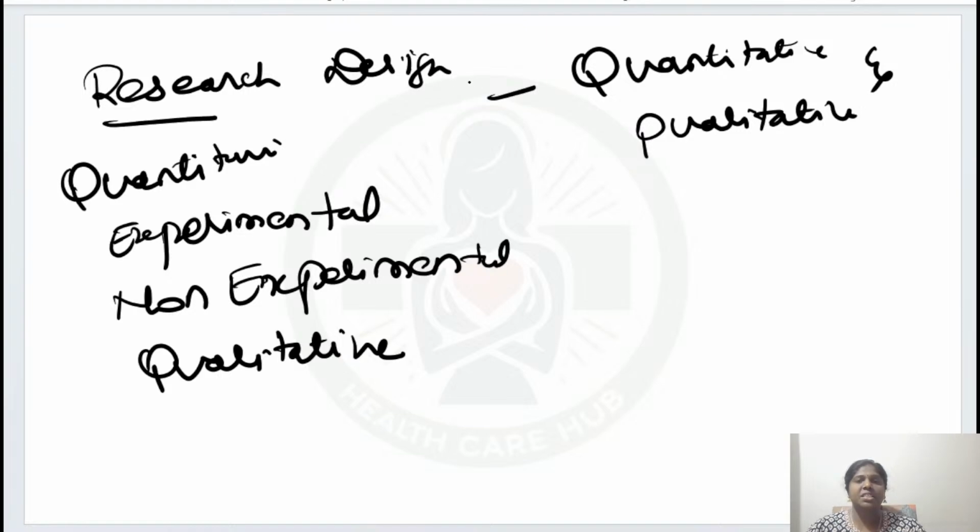So, the research design is mostly of two types, quantitative and qualitative. In quantitative, we have experimental and non-experimental, with different categories of designs.